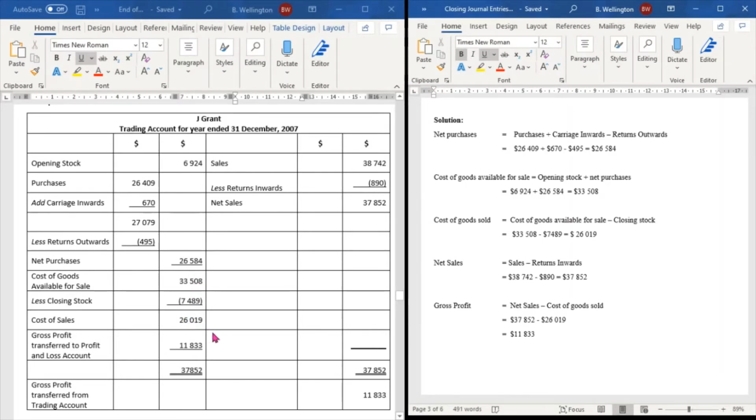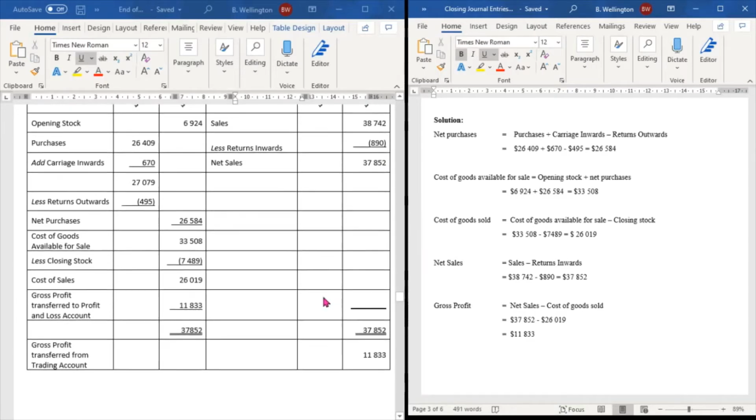Okay, and that agrees with what we had done before. To arrive at our gross profit, we're going to take the cost of goods sold from our net sales. Our net sales, here it is on the credit side, and we're taking the returns to arrive at net sales.